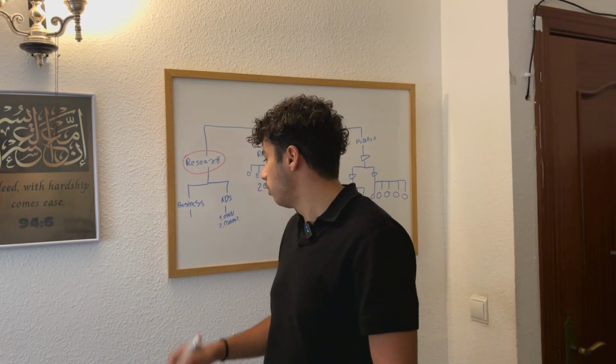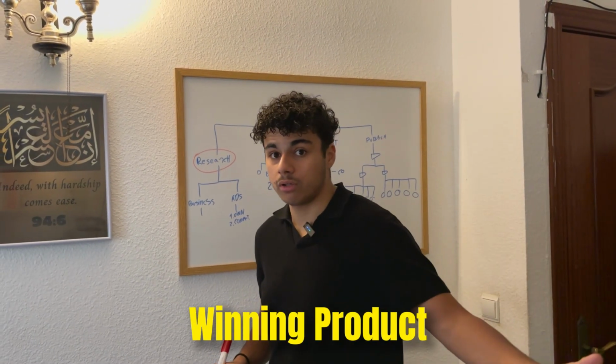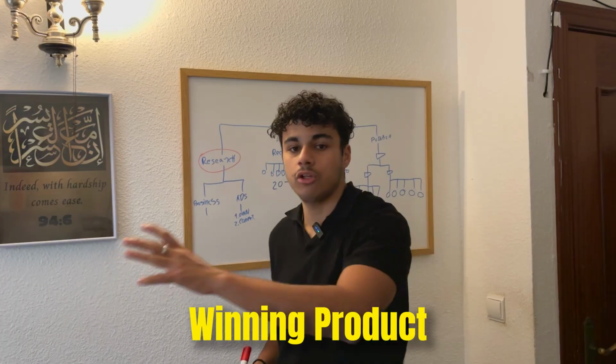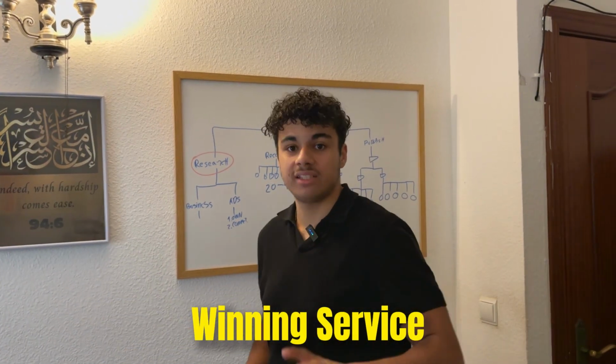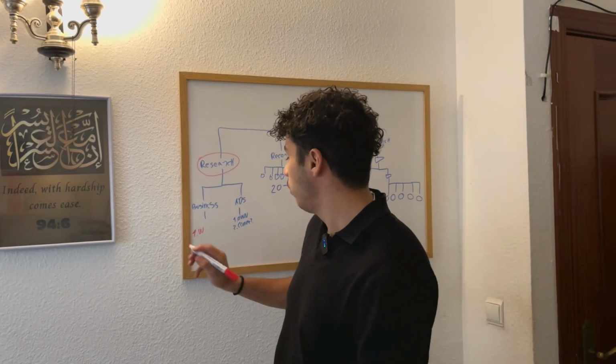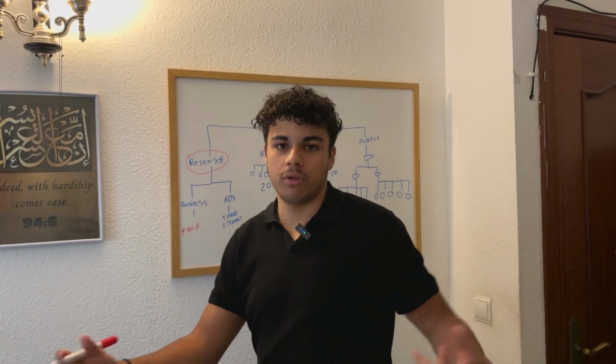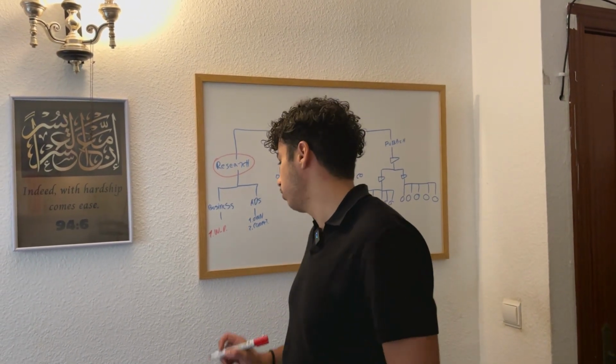The first thing we need to know is about the whole supplementation store. We need to know the winning product. If you're in a service-based business, you need to know the winning service, okay? In this case, we have the winning product that is our melatonin, okay? But we really need to know what is our winning product, or winning products. If we have 2 or 3, we need to know those, okay?